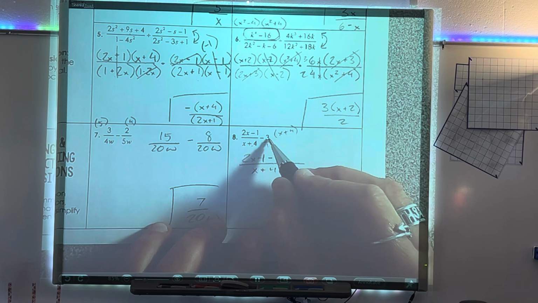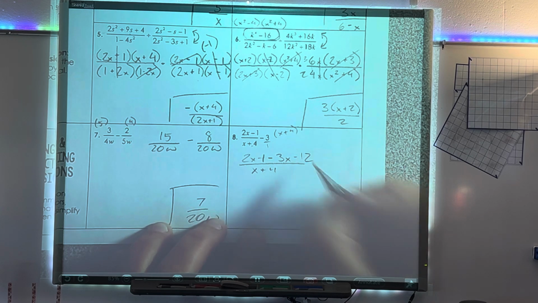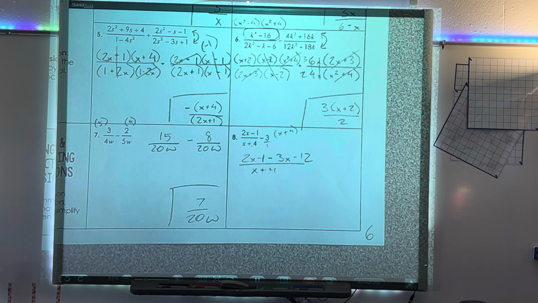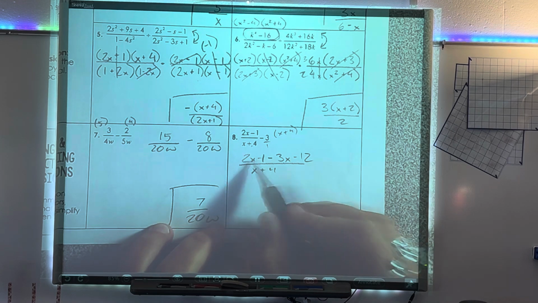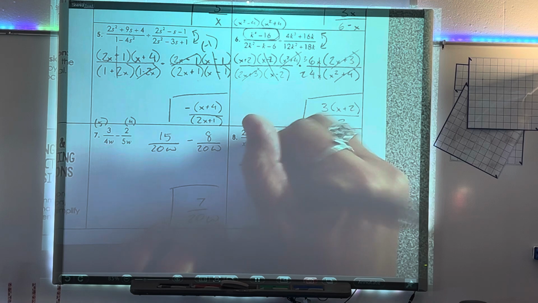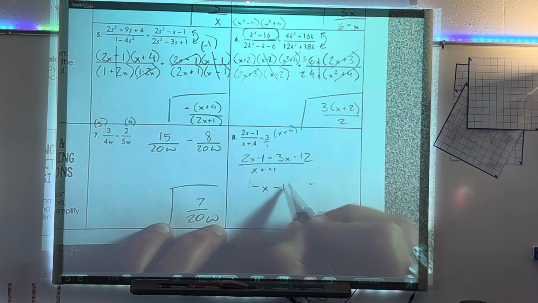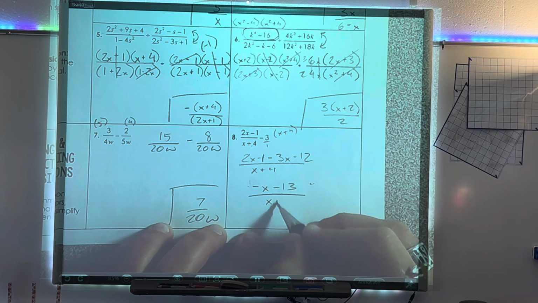Minus, when I multiply that 3 times, I have minus 3x, and then this would be minus 12. Alright, now what? Combine like terms? Yep, so that would give me negative x, minus 13. Yep, that was a -3, sorry. Negative x minus 13 over x plus 4.